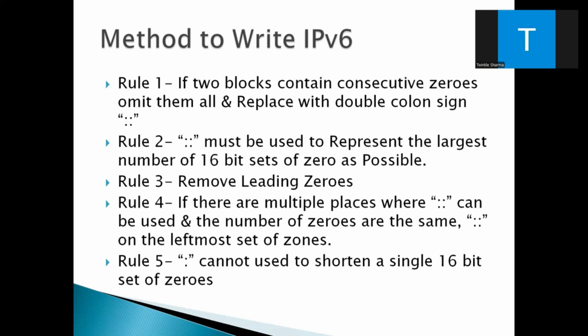Rule 3: remove leading zeros. Rule 4: if there are multiple places where the double colon can be used and the number of zeros is the same, use it on the leftmost set of zeros. The double colon cannot be used to shorten a single 16-bit set of zeros. So let's go with the example.